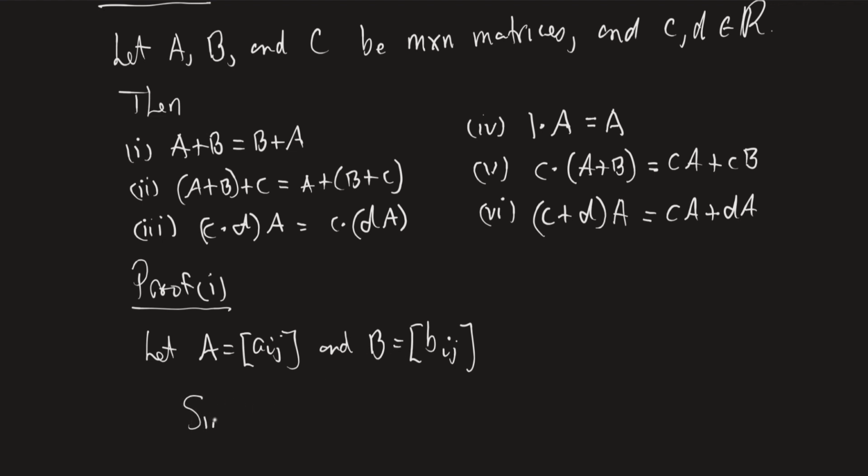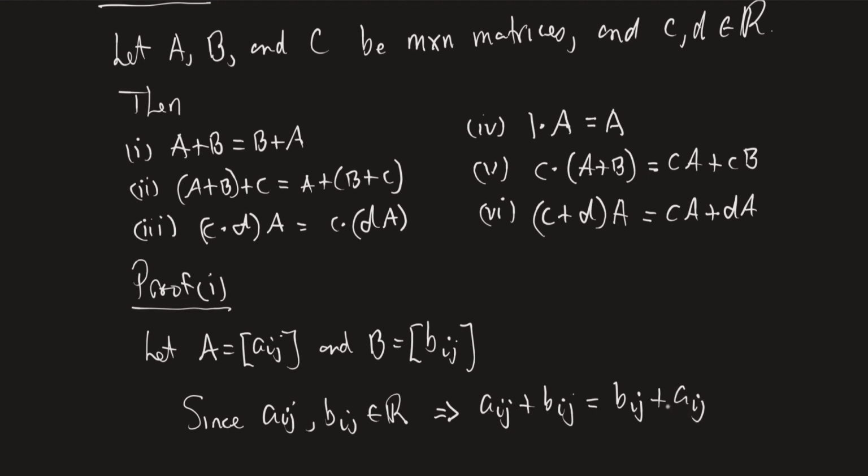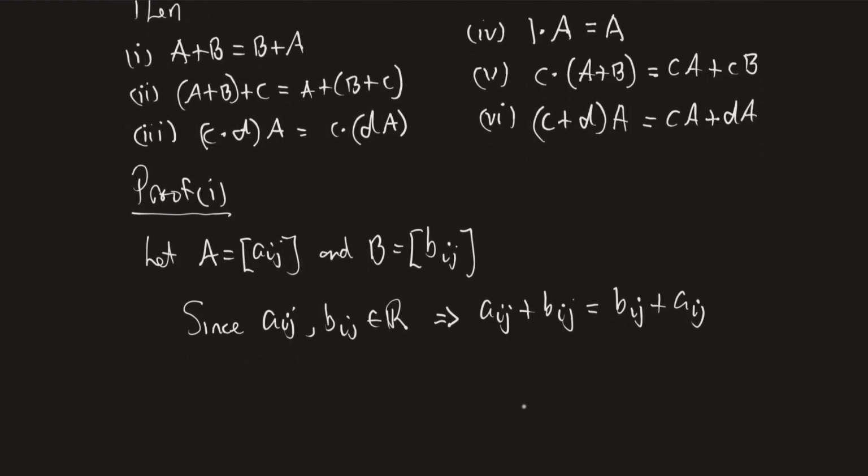So since Aij and Bij are just real numbers, we know that Aij plus Bij is the same as Bij plus Aij, right? Because these are just numbers. These are real numbers. But we're going to use this property to establish the fact that matrices have the same property under addition, right?